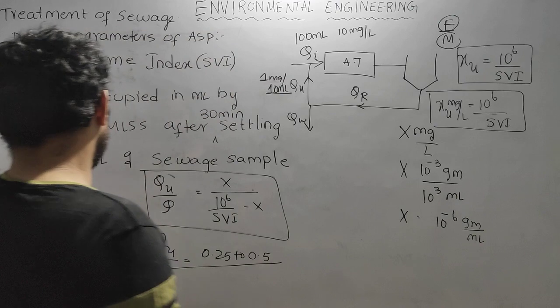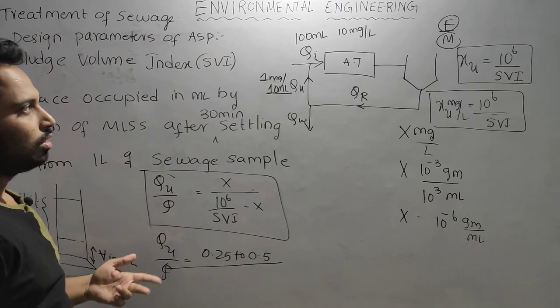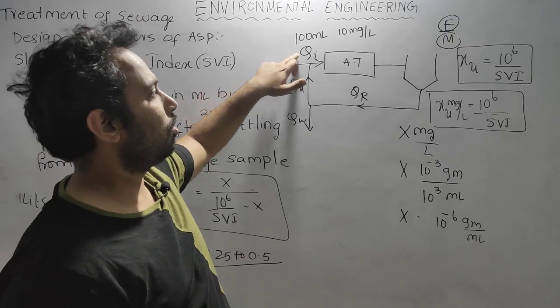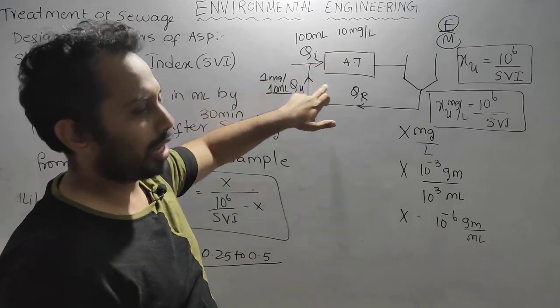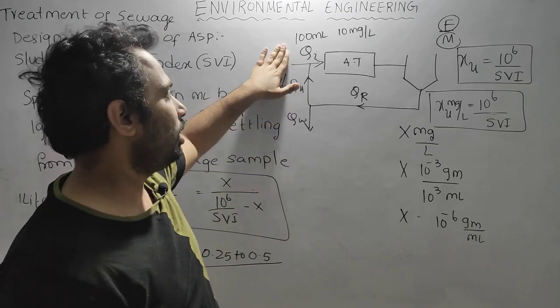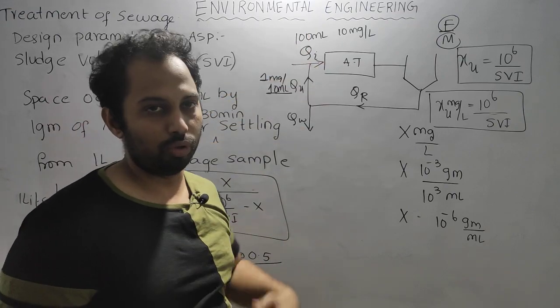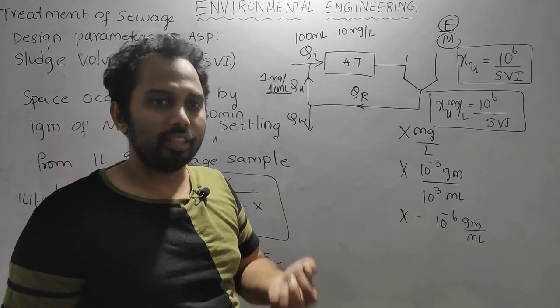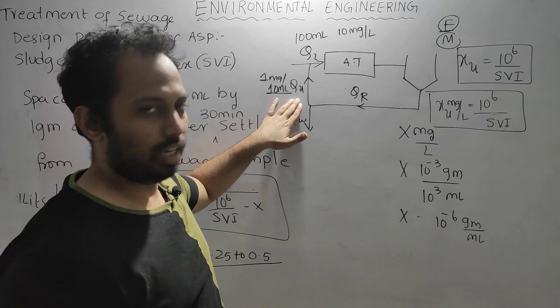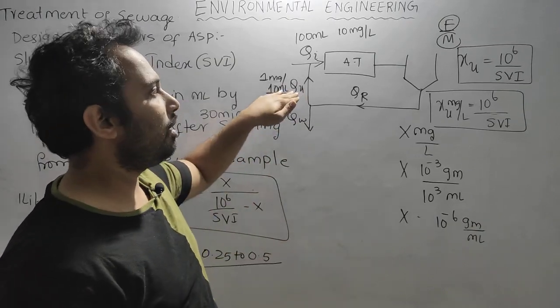For 1 liter, XU and X will be equal. But if you are taking QI for X and QU for XU, then obviously QU is very less and QI is very high. As the quantity is high, the concentration will be low. Quantity high means the number of liters is more. Here the number of liters is less. So that is why XU concentration in reality will be more.